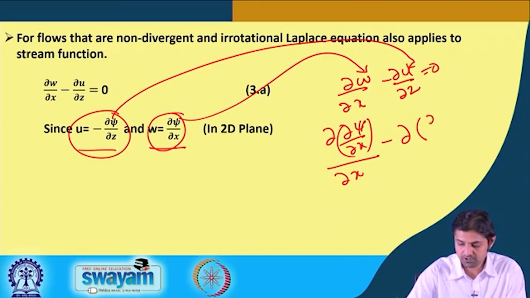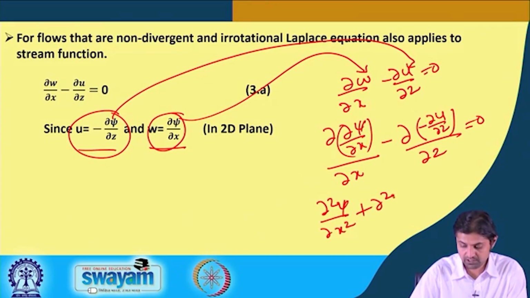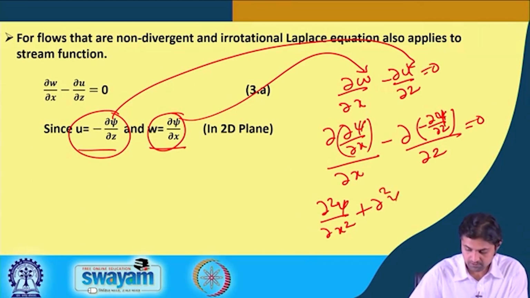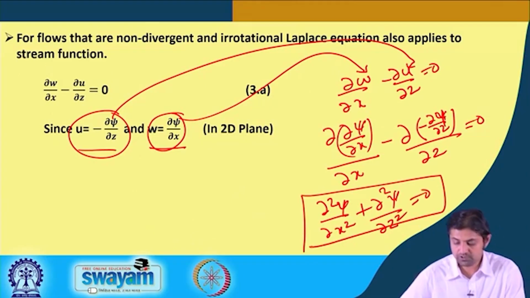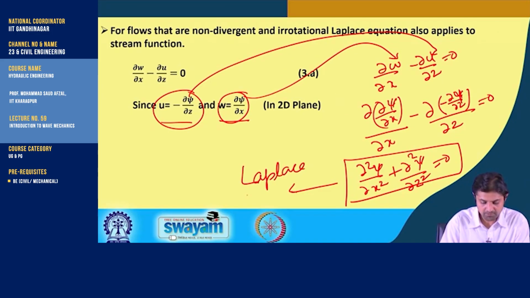So it becomes del square psi by del x square plus del square psi by del z square is equal to 0, and this, in the 2D plane, is again the Laplace equation. All right.